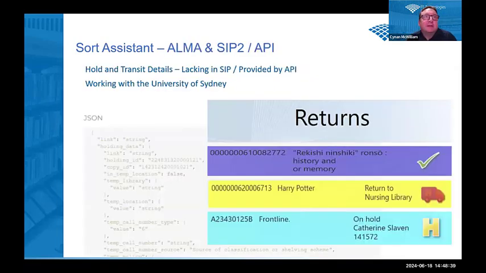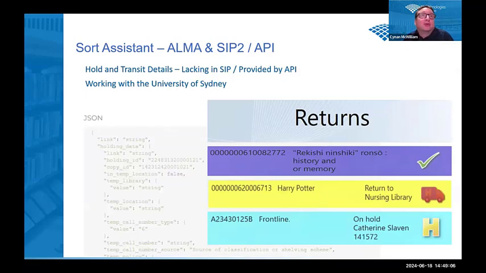When University of Sydney moved into using Sort Assistant with their ALMA, we discovered that ALMA wasn't providing all the details and information that we normally run into Sort Assistant. Things such as hold and transit details were in the API calls that we weren't at that point using. So we developed and implemented API calls within our software.